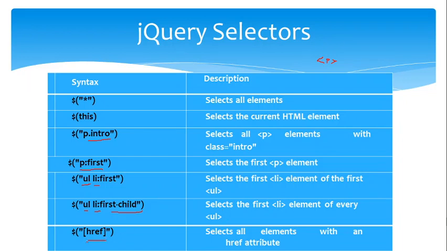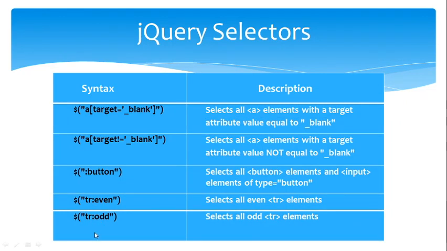href, reference: select all elements with an href attribute. If you use the href attribute in the program, then it will be applied to all. Dollar a is used for the anchor tag.